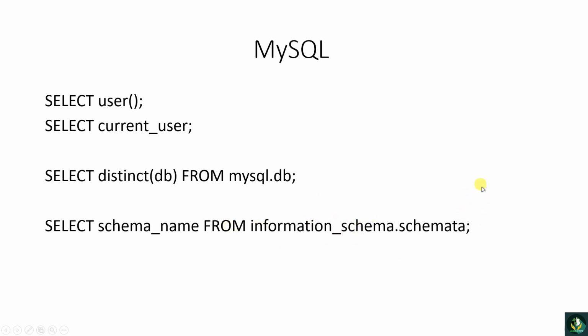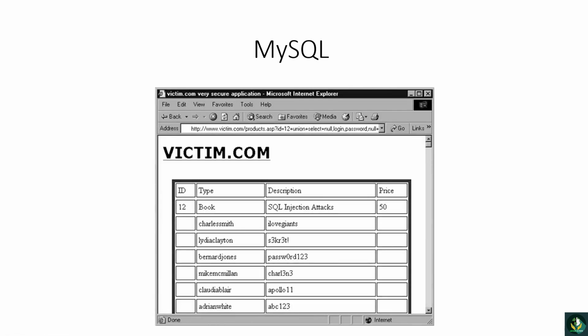This is getting the data, username and password. Querying information_schema allows you to enumerate the whole database structure.